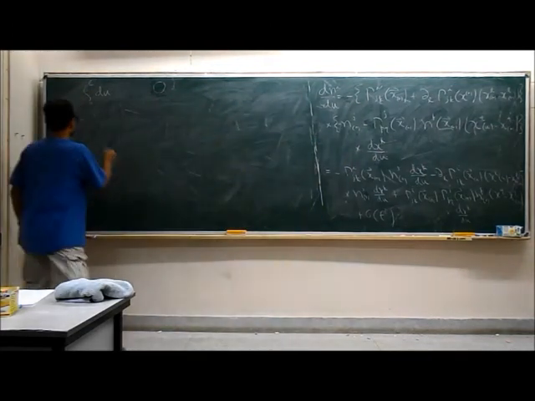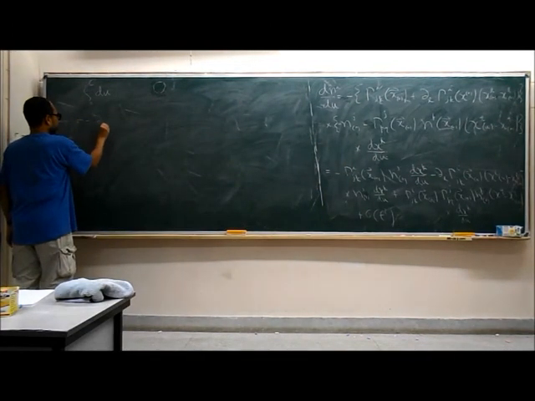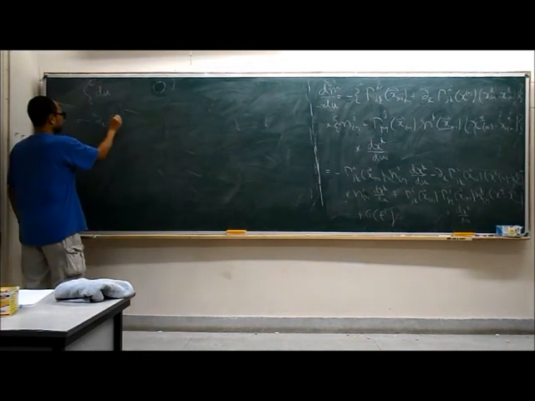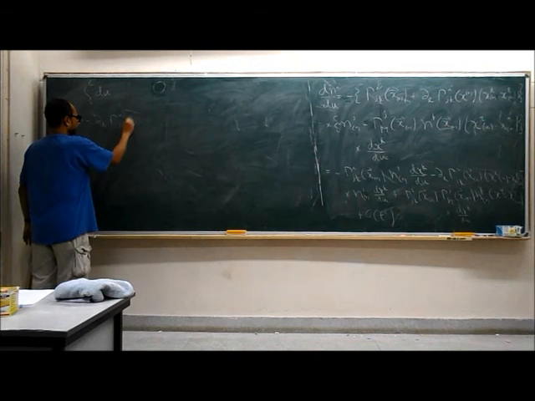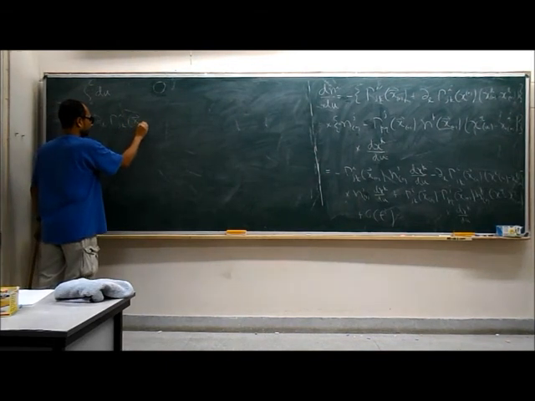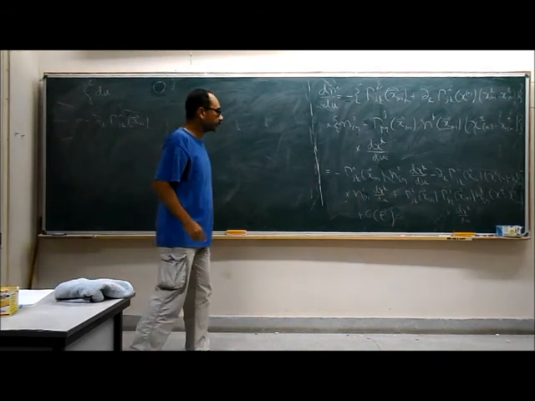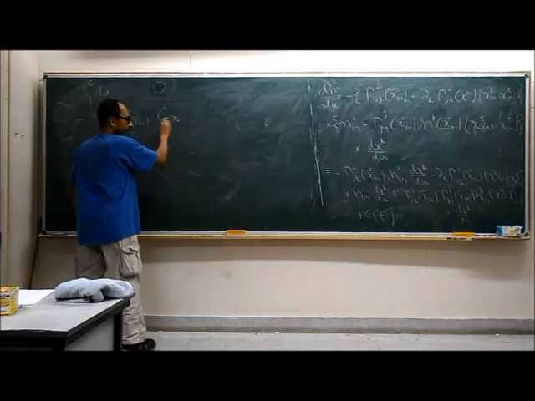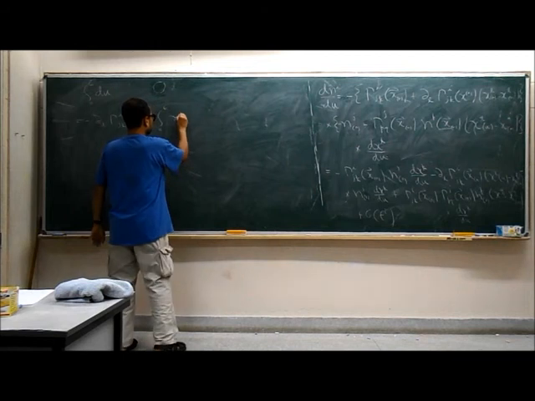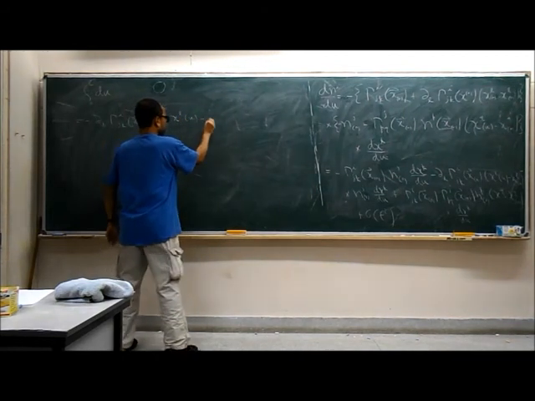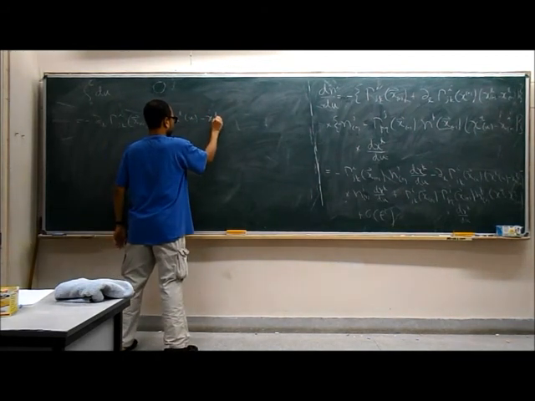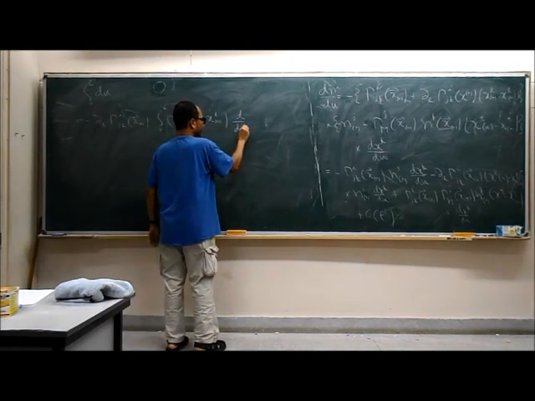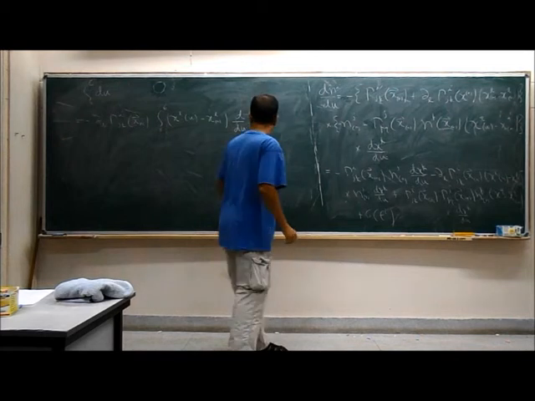So you get minus del L gamma I j k x naught, integral 0 to epsilon, x L minus x naught, d du, n j naught.